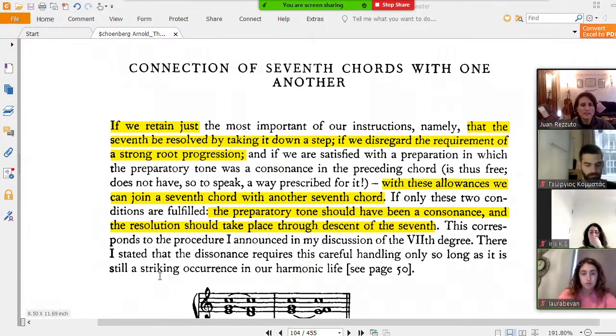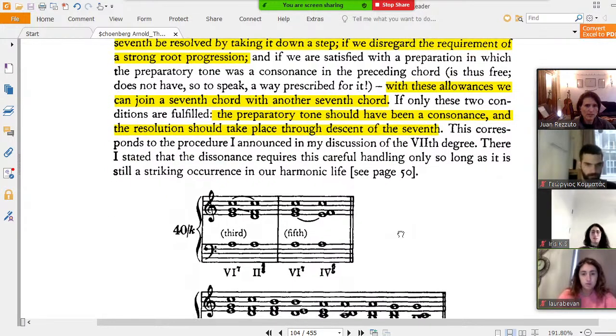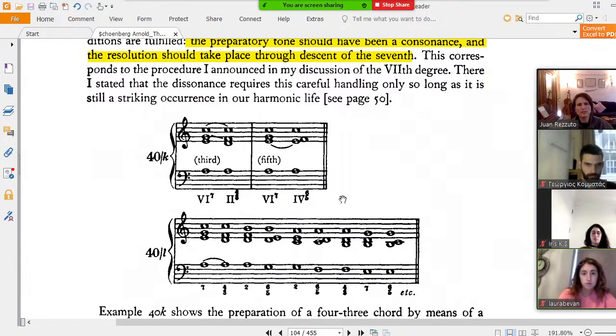There I stated that the dissonance requires this careful handling only so long as it is still a striking occurrence in our harmonic life. Yes? So if you have here, you have many examples, you can see them all.